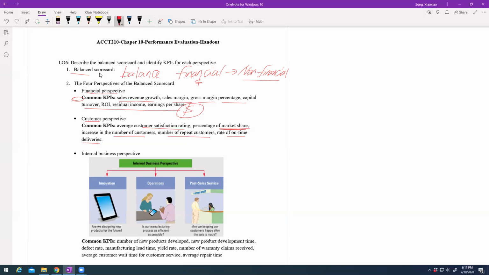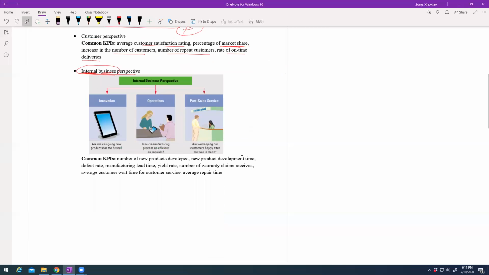The third perspective is the internal business perspective. Everything related to the inside of your business comes from this perspective. The textbook gives you three summaries. First, things related to innovation: whether you have a new design or a new product.